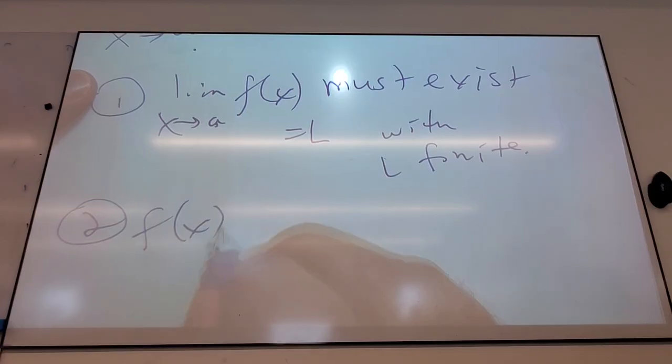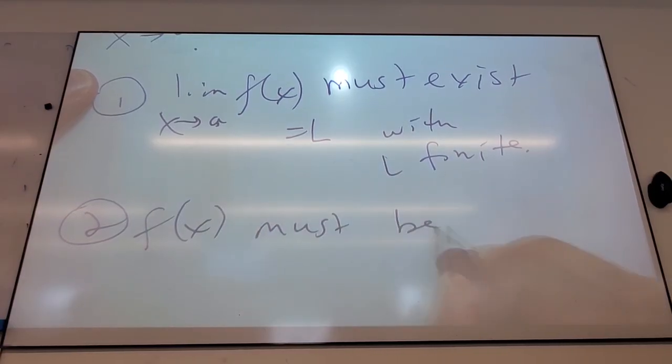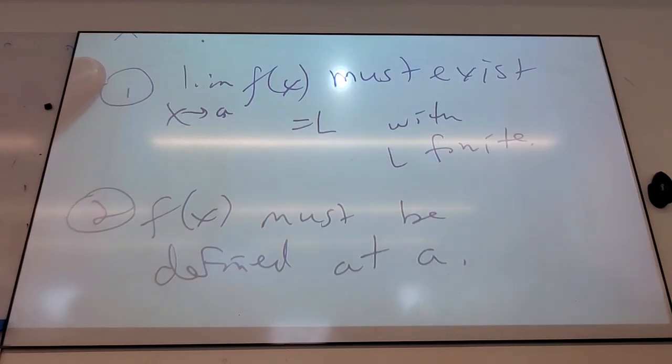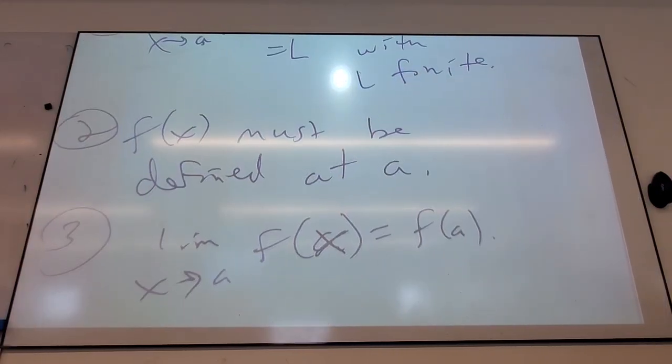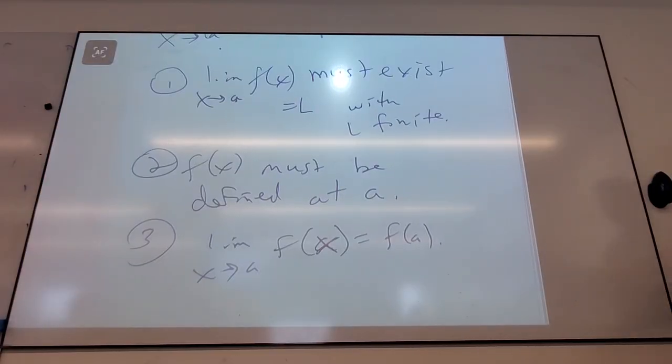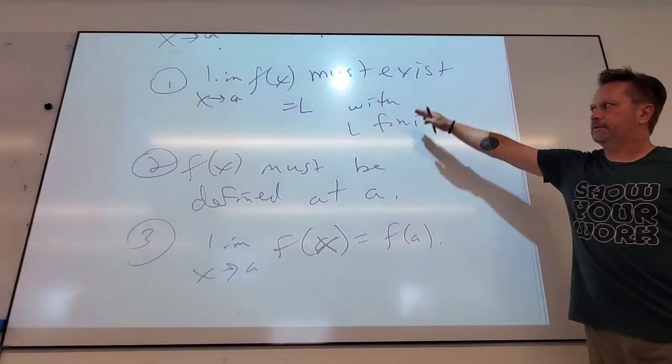Oh yeah, f of x must be defined at a. Three, the limit. Here's the funny thing about the third statement. It's basically the one statement. Sometimes you'll see continuity defined like this, and the weird thing is that last statement actually says these two already.